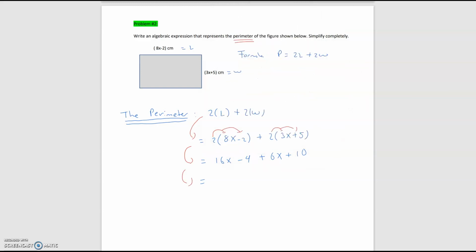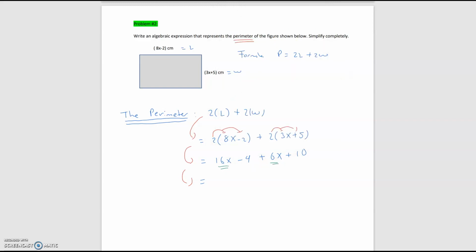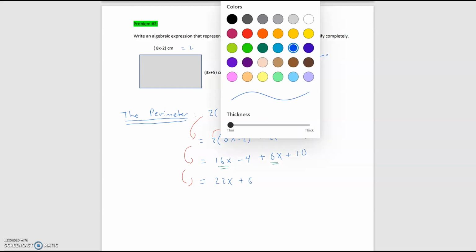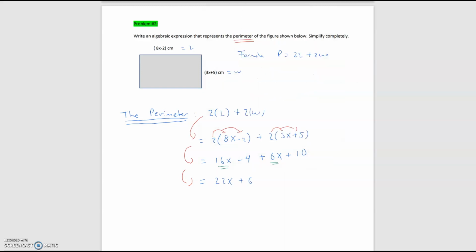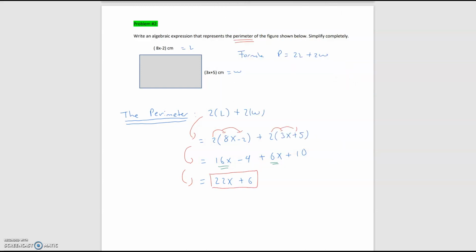Let me double check. Let's combine like terms. We're looking at 22x plus 6.